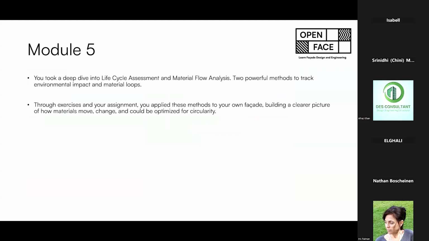We chose not to go too in depth of the life cycle assessment because we simply don't have the time in this course to teach it to the capacity we would like to teach it. Which is why we've chosen material flow analysis, as we hope it's a bit quicker and easier to understand and visualize, and a bit less heavy on the work. Would you say, Bernadette? I absolutely agree.